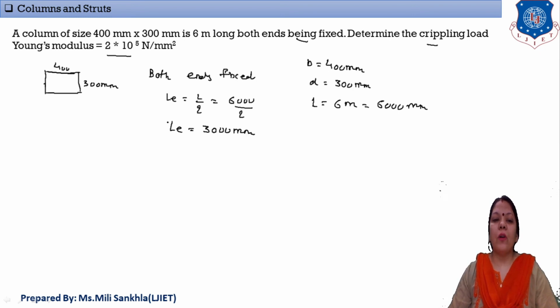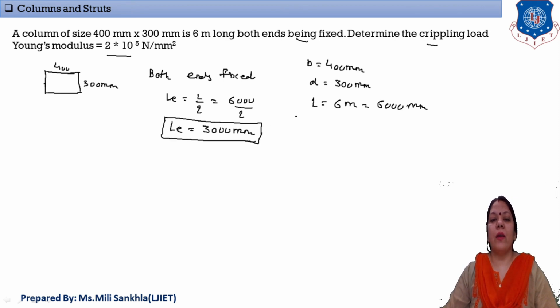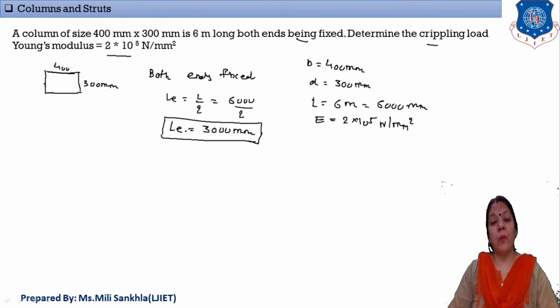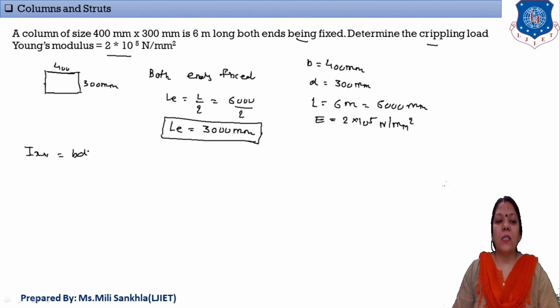Now what is the equation of Euler's formula? Pi square EI by LE square, and the value of E is also given, that is 2 into 10 raised to 5 Newton per mm square. Now we find out two moments of inertia because the section is a rectangle, and from the two values we consider the lower one. First, inertia about the x-axis, that is BD cube by 12, and second, IYY is equal to DB cube by 12.